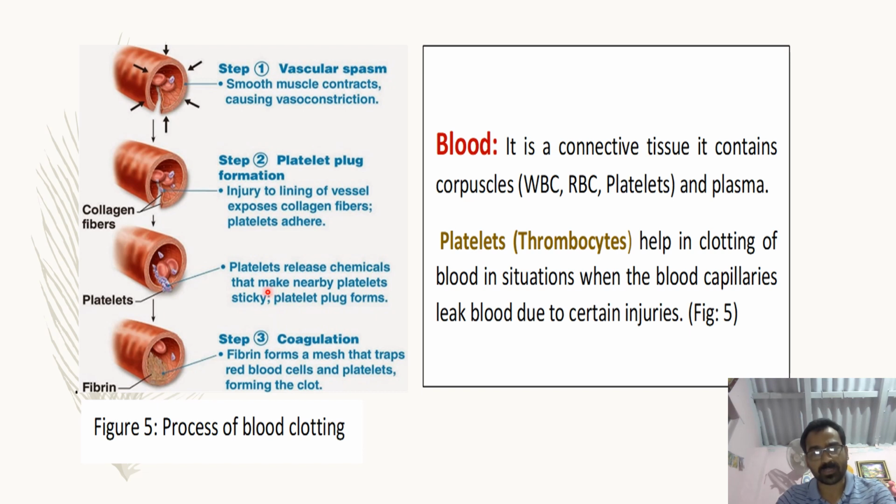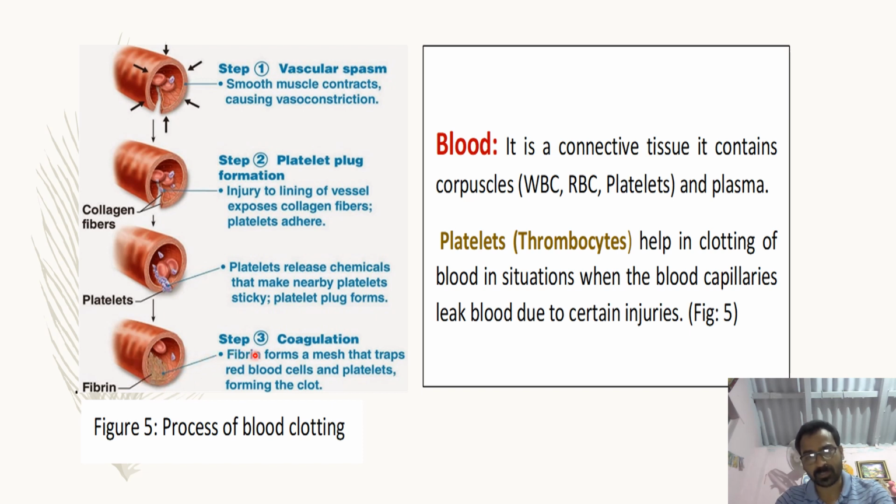It is triggered by certain factors, some enzymes, some cofactors. So the basic purpose of all these chemical reactions is to produce the fibrin protein. That fibrin protein forms the mesh that filters only the serum from blood, and the rest of the components of the blood remain inside the blood vessel.